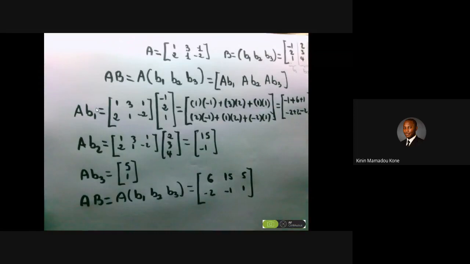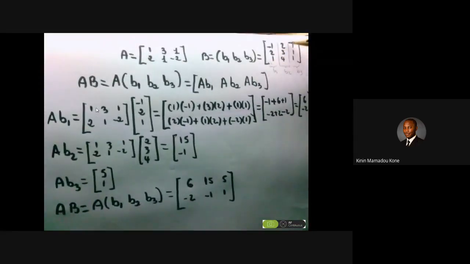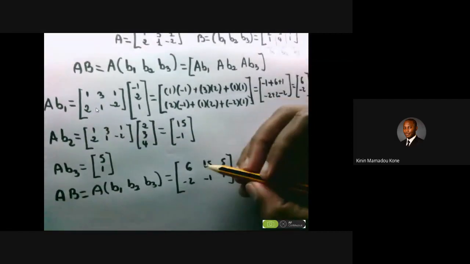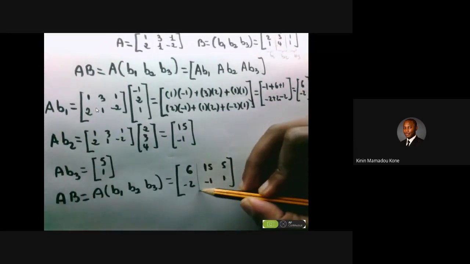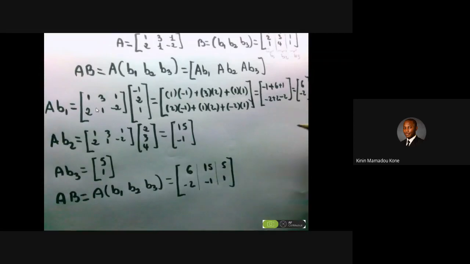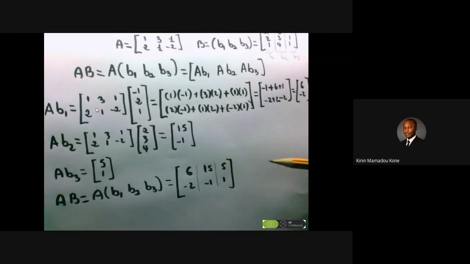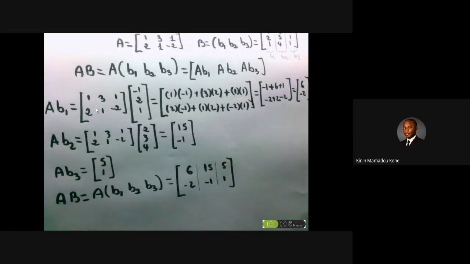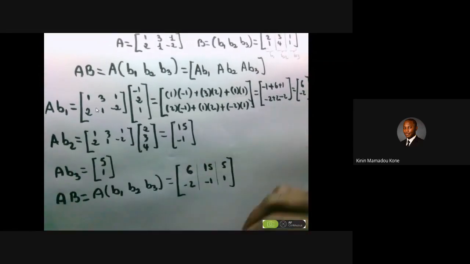Because I did a partition on the columns, my result also can have columns over here to indicate that I partition my B matrix. Or you can simply write the answer without the partition, but you can also write it this way.